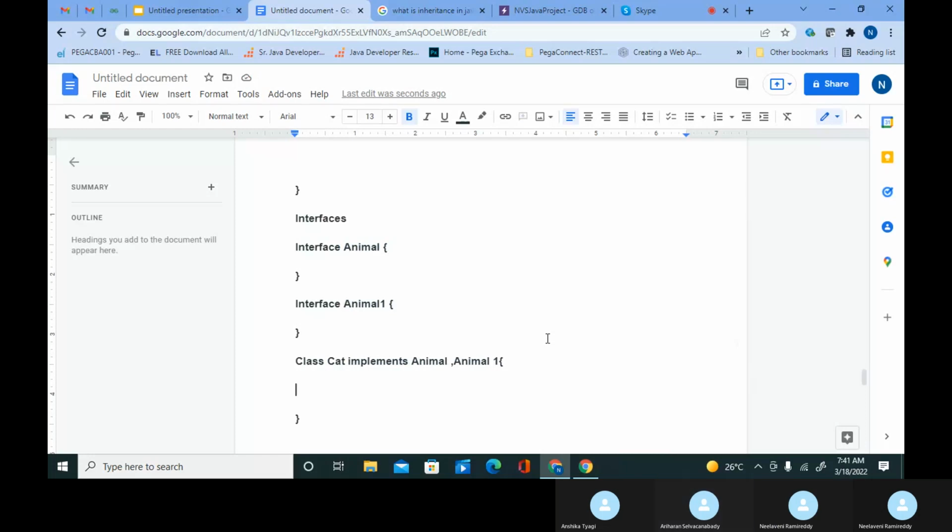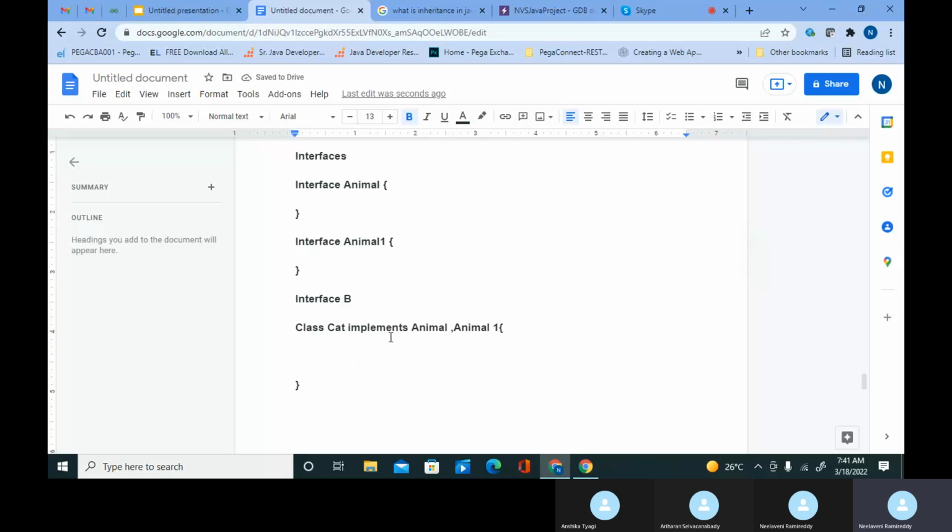No, ma'am. And if you want more interfaces, for example, I'm taking some random one, B. Sorry, not implement, extends. One second.